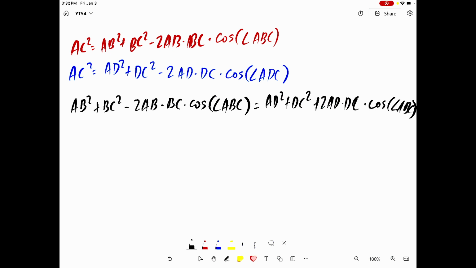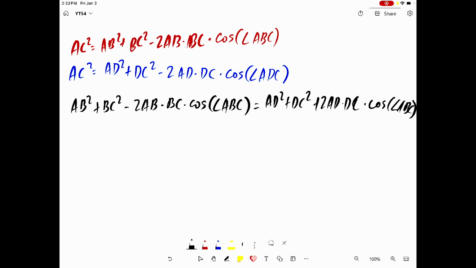Now we have plus because cosine of ADC is equal to minus cosine of ABC, so when you flip it around, you have to switch the sign. So now that we've equated the two equations, we're going to solve for cosine of ABC.